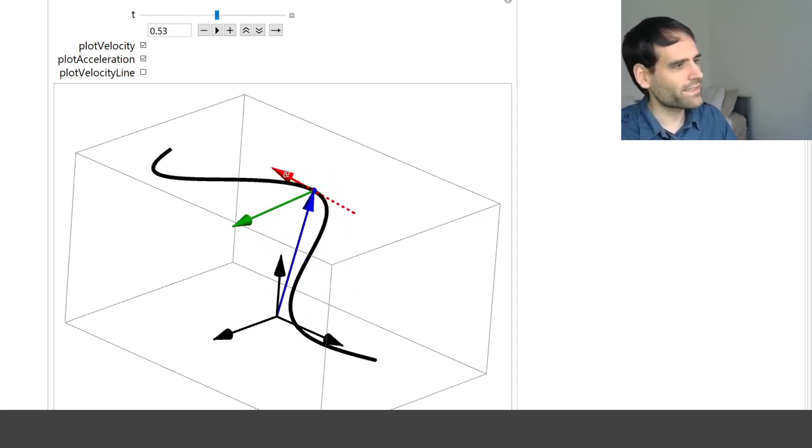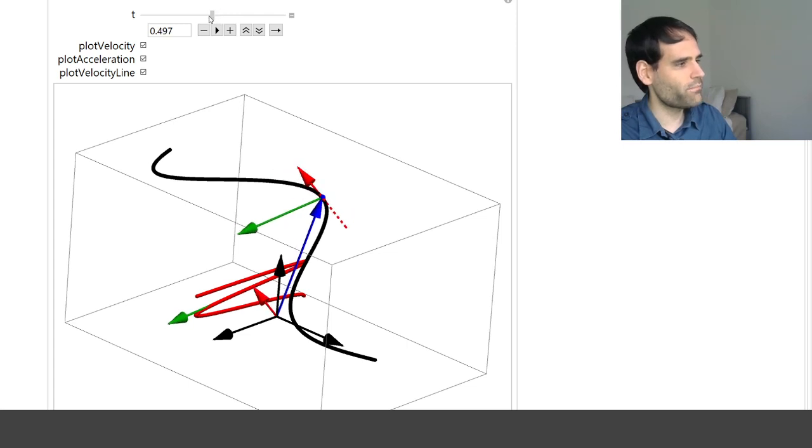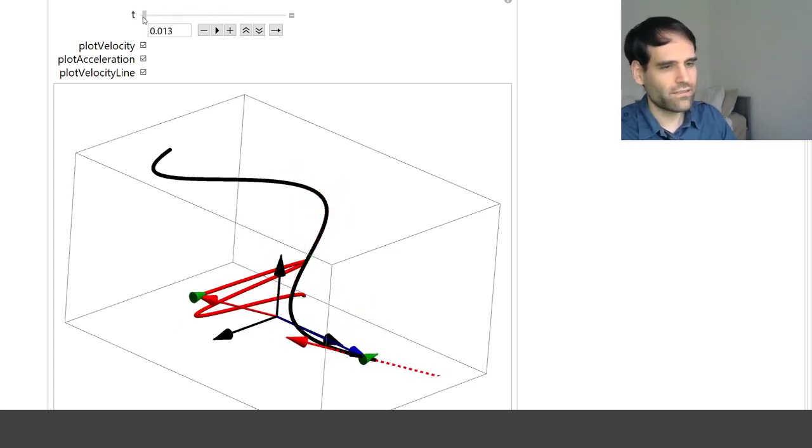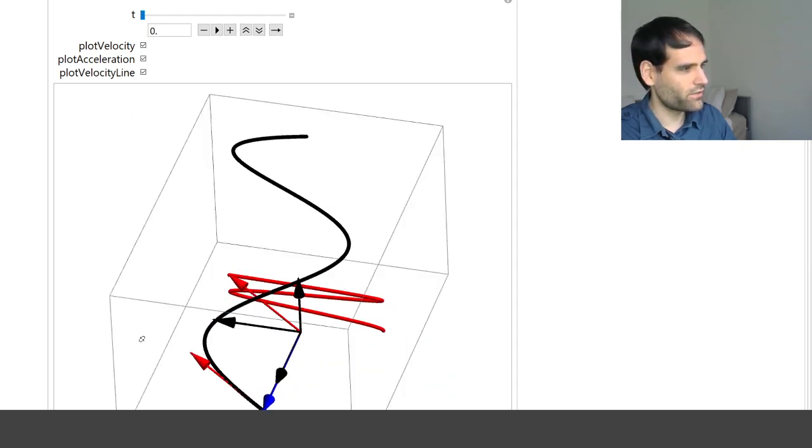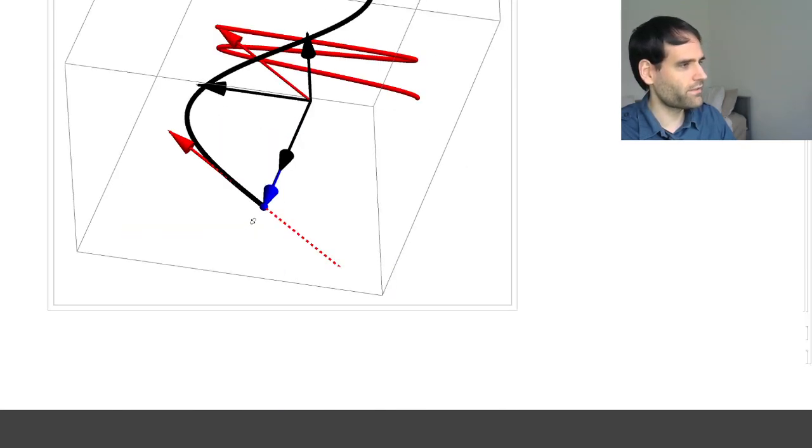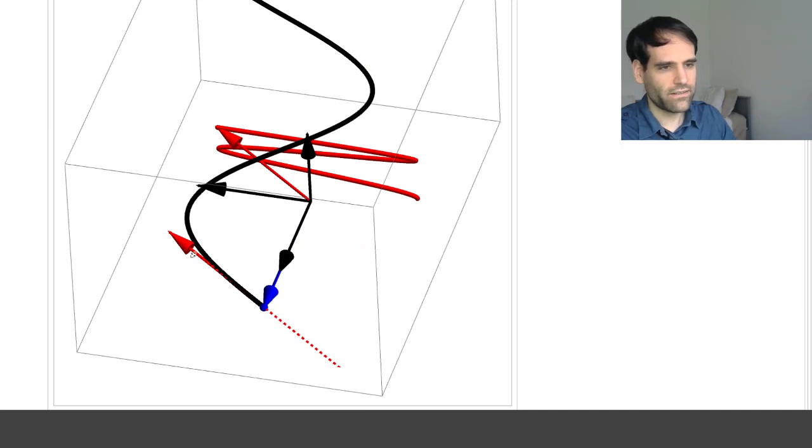However, what happens if I get this red velocity vector and I put it at the origin? So this is what I can do here. Okay, so now this same vector that I have here, I'm placing it here. Okay, so now when I change time and the red vector is changing, I am just copying that vector into the origin. Okay, you can see it clearly here. So the velocity is here and I'm copying it, putting it into the origin.